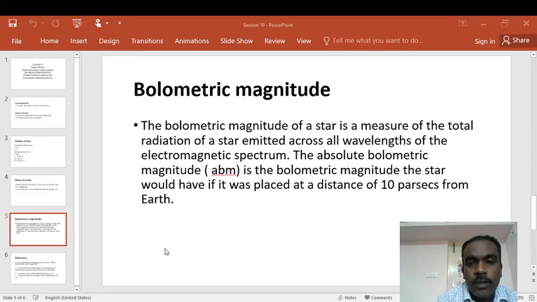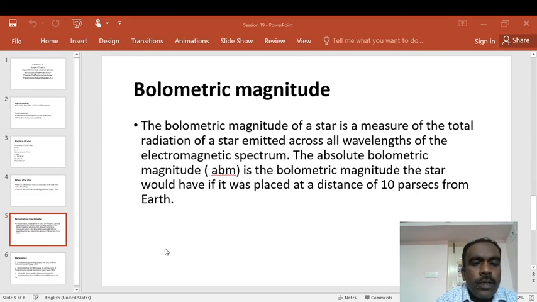For example, Sirius is minus 1.46, Canopus is minus 0.72, Vega is plus 0.03, Rigel is plus 0.12, Sun is minus 26.5. You know the chart for the different magnitudes of the stars. Magnitude means the apparent brightness, that is, how much of the energy is radiated by the star, given its distance.